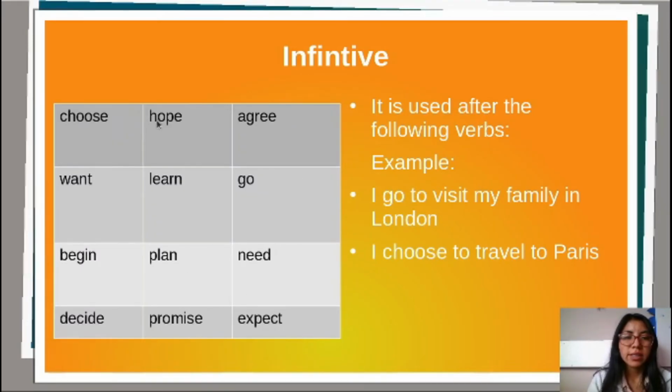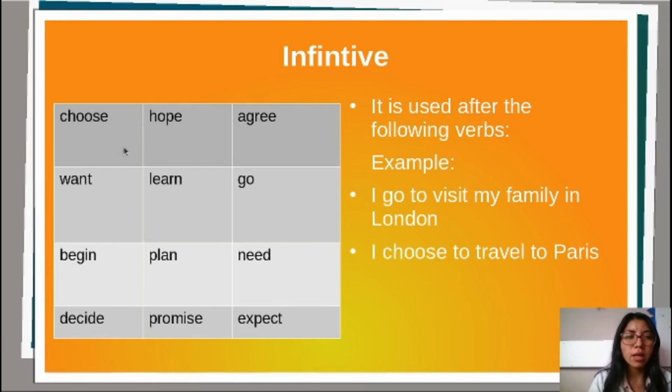If the verb is in the list, I'm going to use an infinitive. In this case, I need. Need is in the infinitive list. So I need to buy new jeans, for example. Another example, I decide to travel by car.